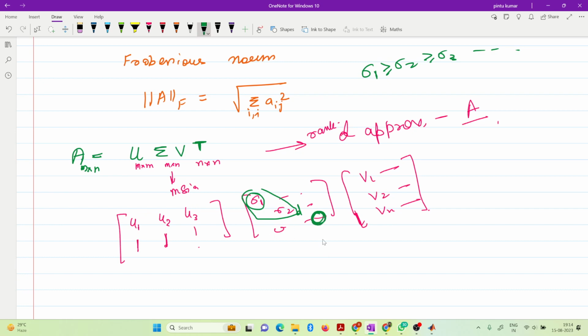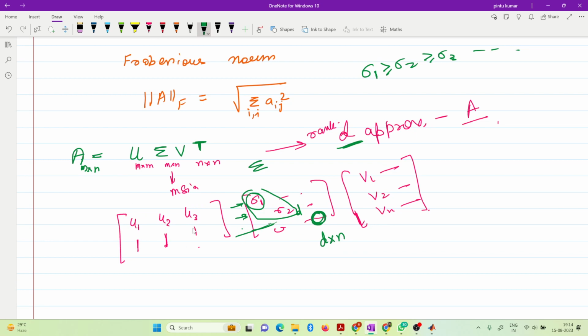So I truncate my sigma matrix to my first D singular values. Then this would be D cross N, right? You will have only D rows over here. I have truncated my matrix at D singular values.